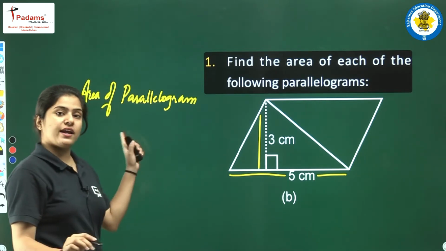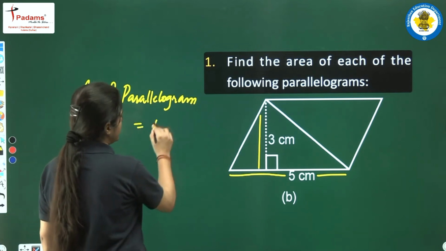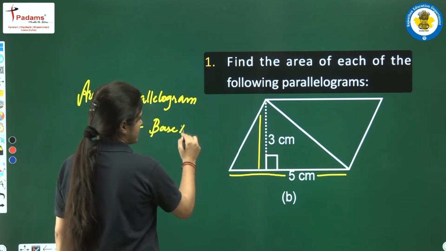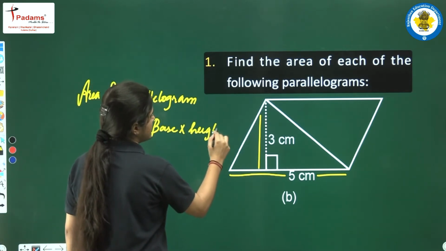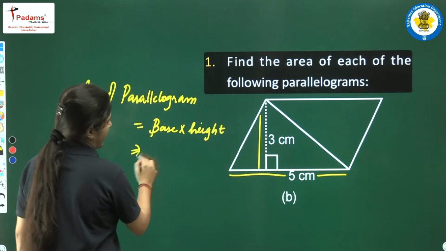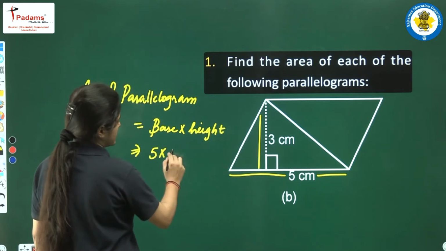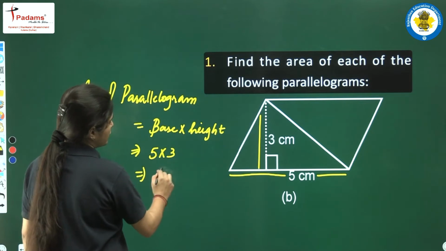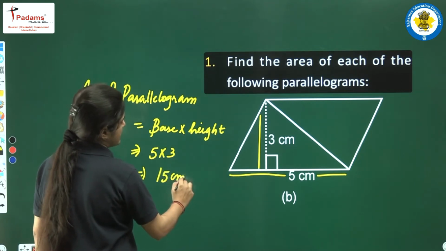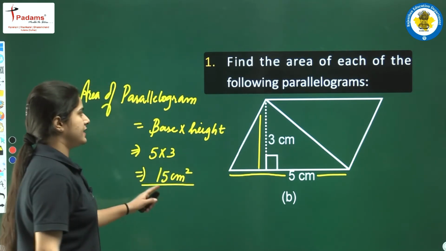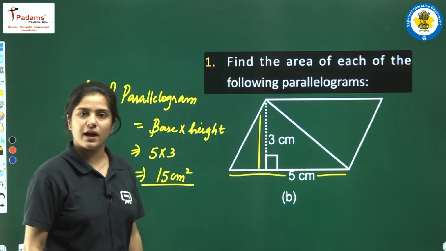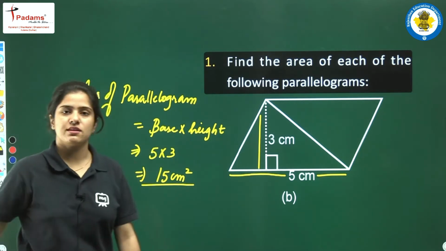Okay, so area of parallelogram is equal to base into height. What is the base here, students? The base is 5. What is the height? This is 3. So 5 into 3 is equal to 15 centimeter square. Okay, this is the area of the parallelogram, that is 15 centimeter square.